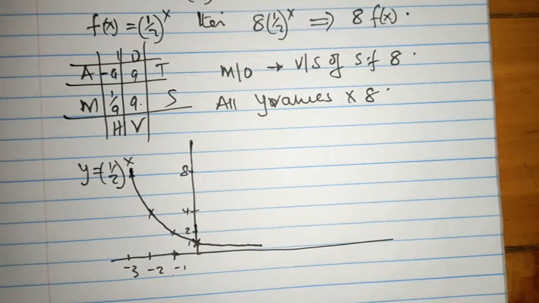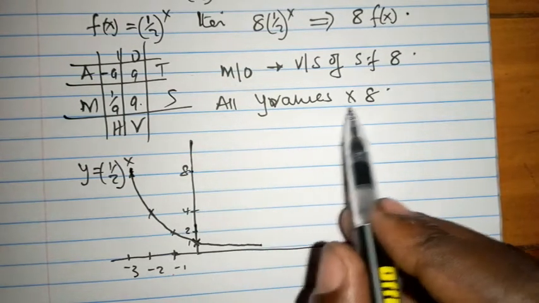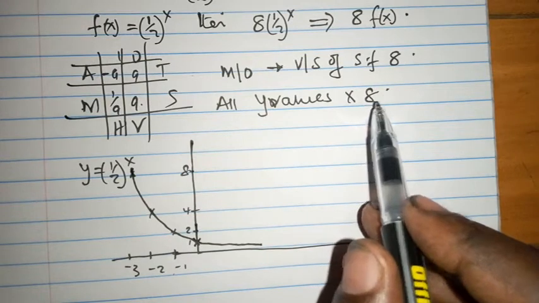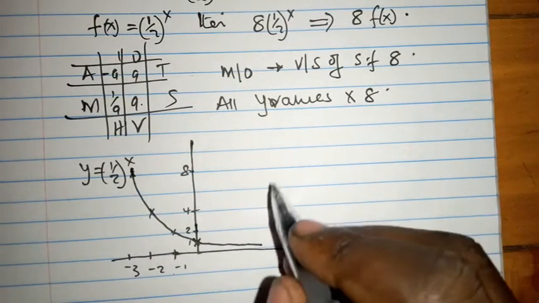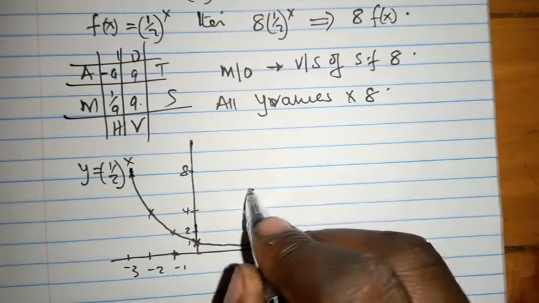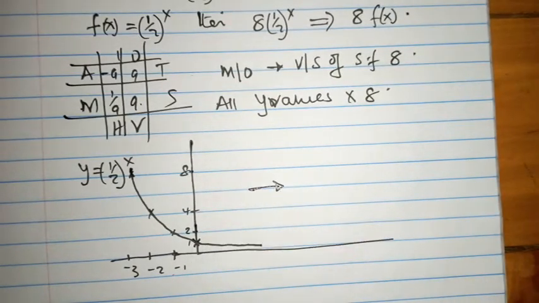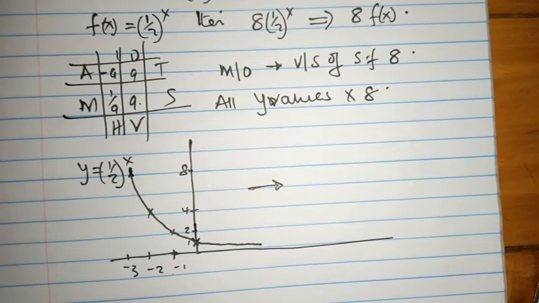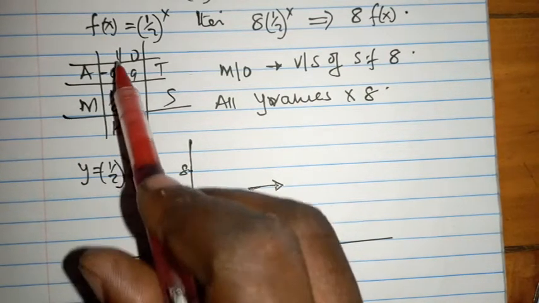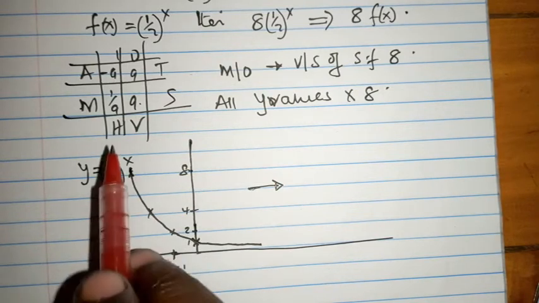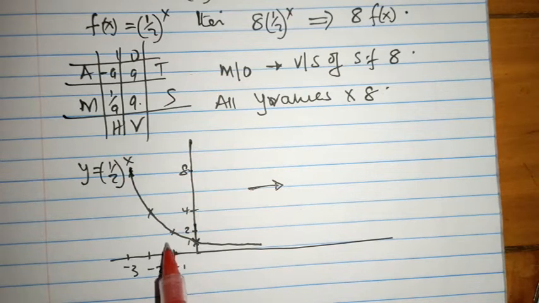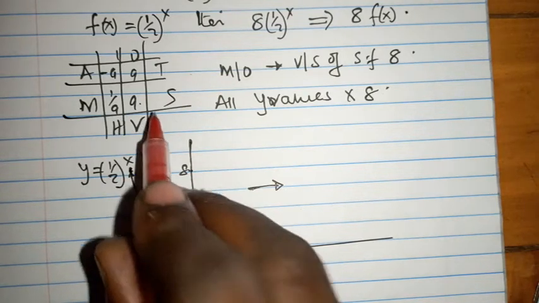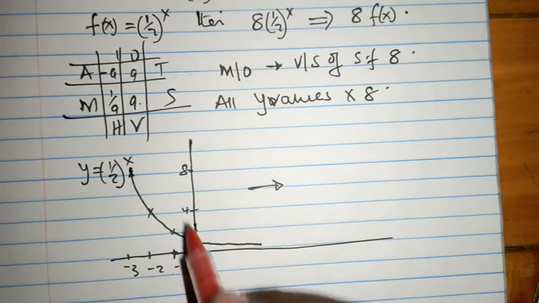The moment we talk about all y values multiplied by 8, we will talk about another graph, so let us put it in the same set of axes. 8 times 8 is 64 up there. 4 times 8 is 32. 2 times 8 is 16, but 1 times 8 is 8.